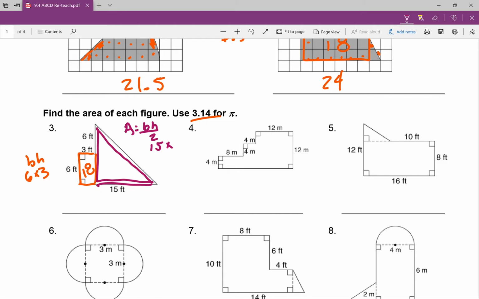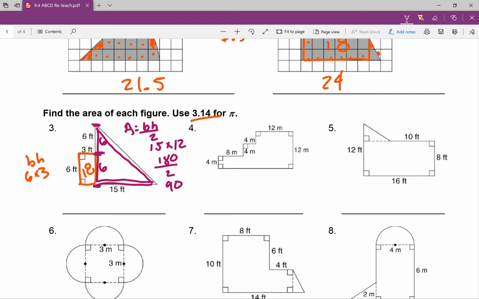I don't have it completely given to me, but I know the height from here to here is 6, and from here to here is also 6, so that makes up 12. So if I multiply 15 times 12, I get 180, and then I just divide by 2, which is 90.